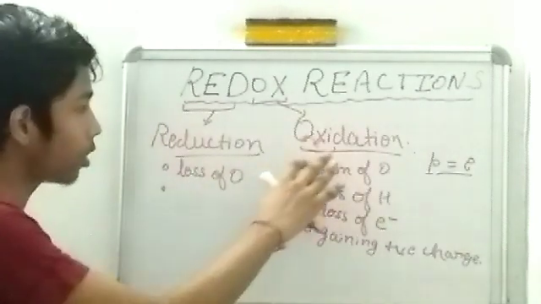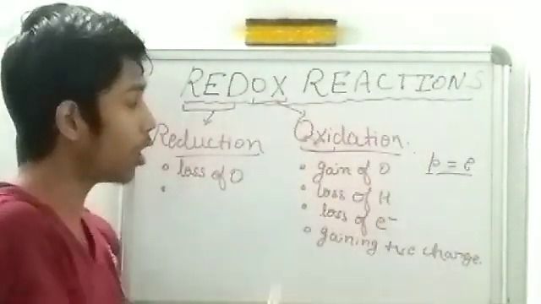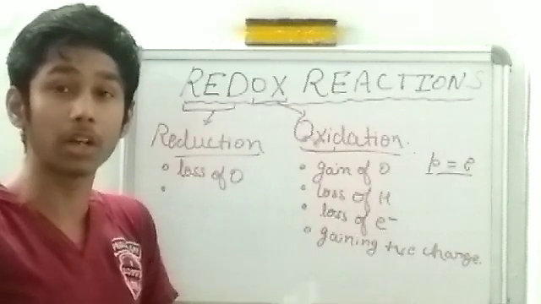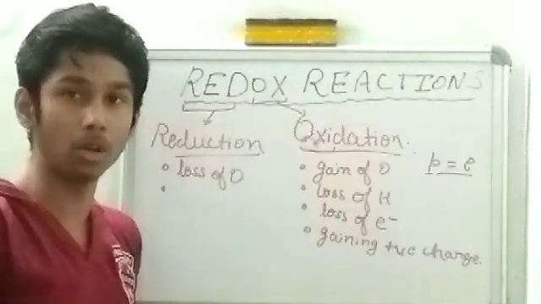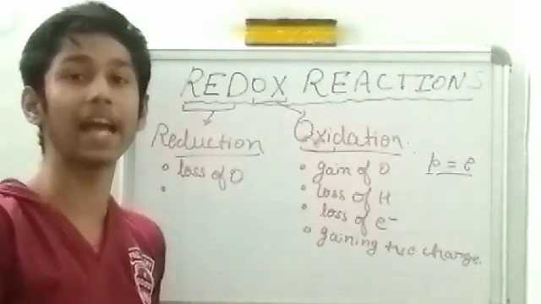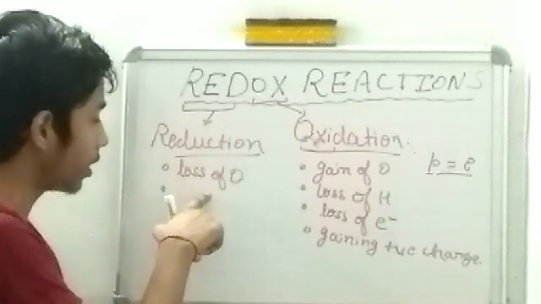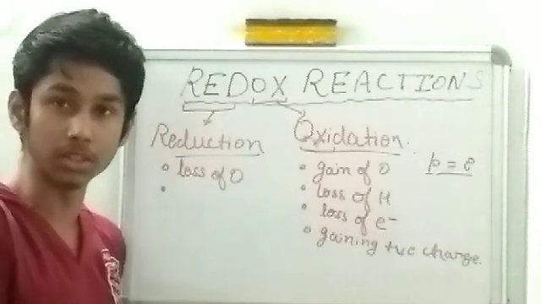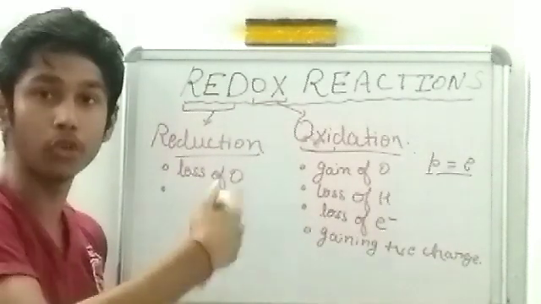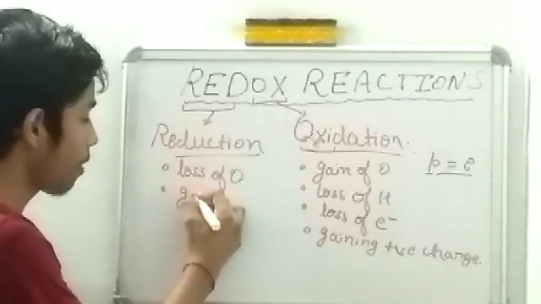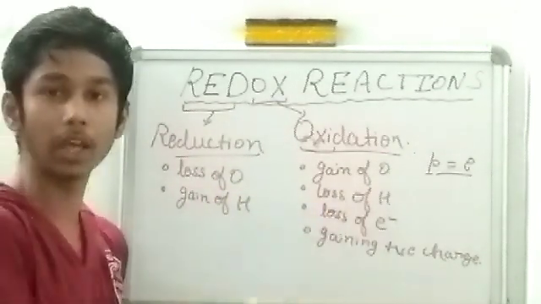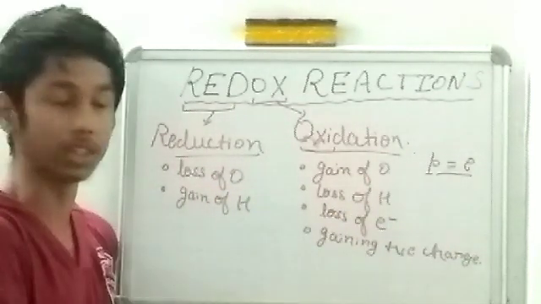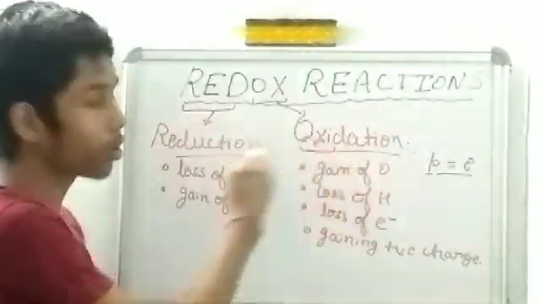So oxidation means loss of hydrogen atom and gain of oxygen atom, not necessarily gas, but it can be gas as well. So reduction means loss of oxygen and gain of hydrogen, just opposite to oxidation.